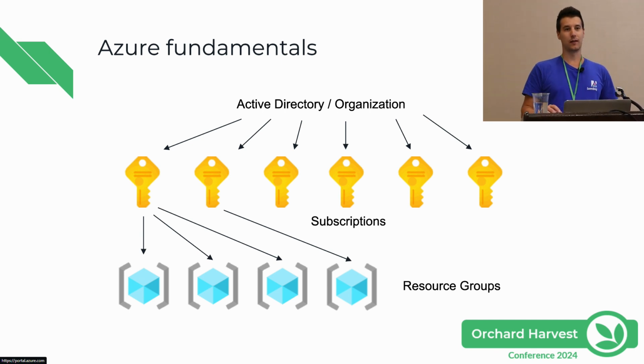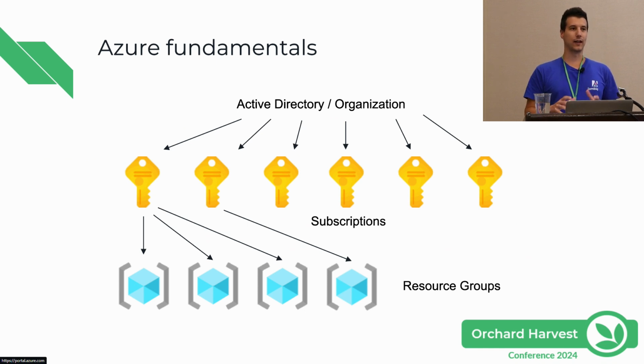So, very simple Azure fundamentals in broad terms. At the top, you have basically your Active Directory or your organization. That's the top level, which sort of corresponds to your company, probably. Under that, you have subscriptions, which are the next logical unit that you can manage, and we'll talk about subscriptions a bit more later on.